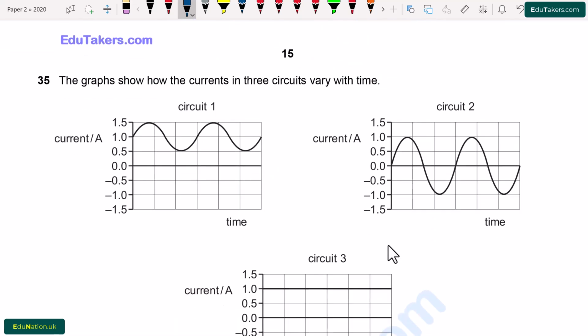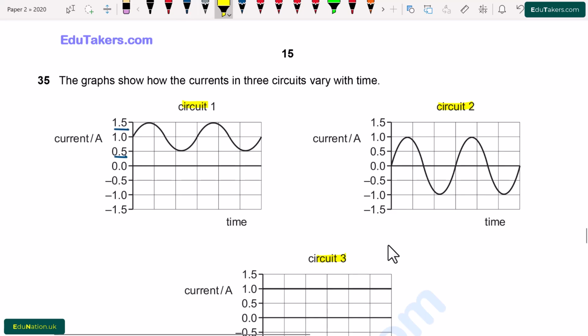Question number 35. The graph shows how the current in the three circuits vary with the time. Here is circuit 1, circuit 2 and circuit 3. In the circuit 1, we can see that there is a sinusoidal wave, but its polarity is same, means that its values are positive. It varies from 0.5 to 1.5.